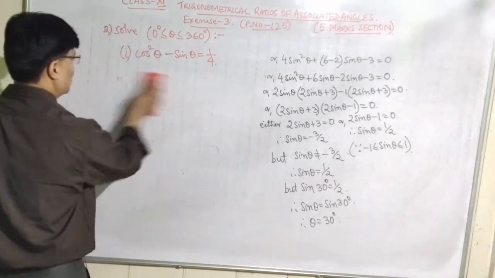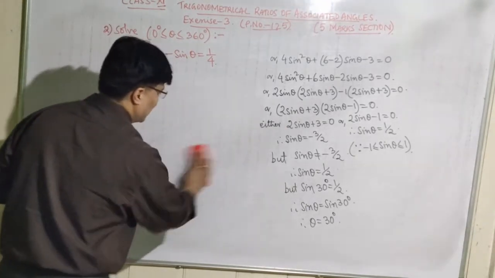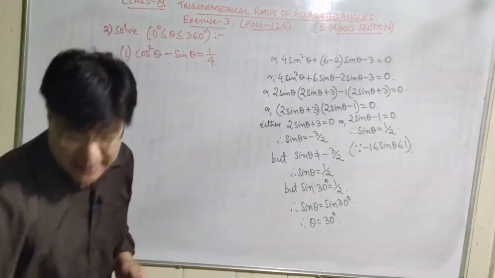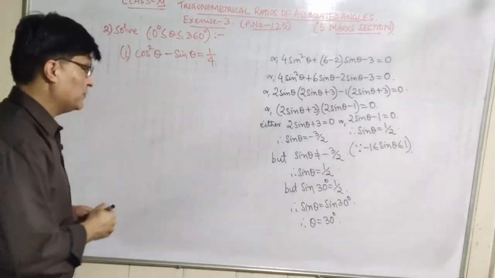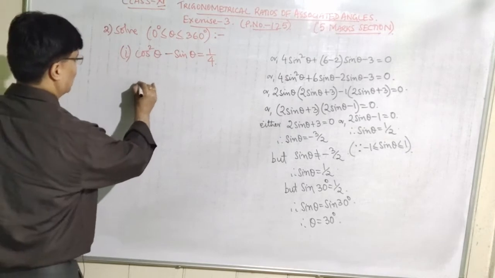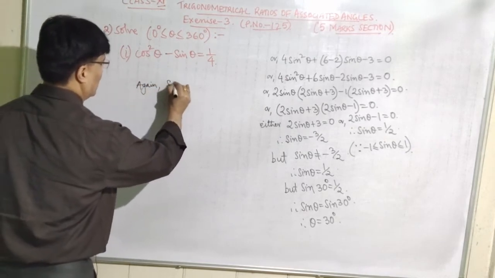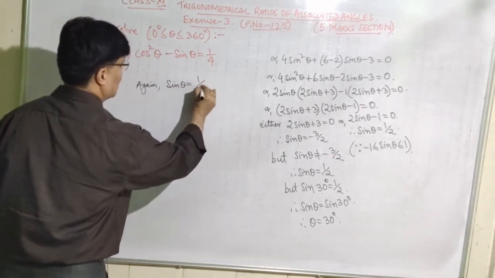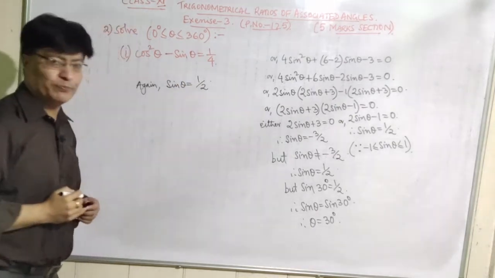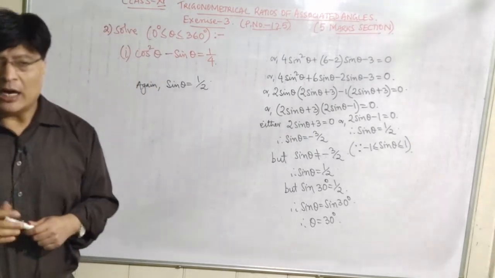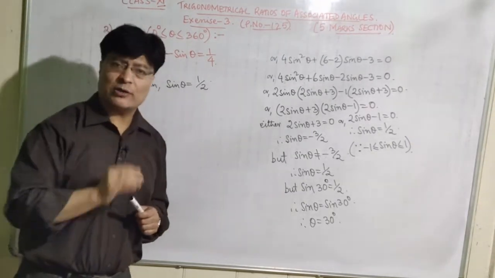Again, you have to get the value for theta in the second quadrant, because in the second quadrant sine theta is positive. So again, sine theta is equal to 1 upon 2. Now you have to find the angle in the second quadrant. How can you get it?